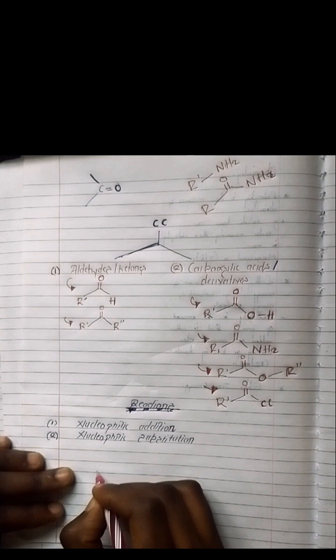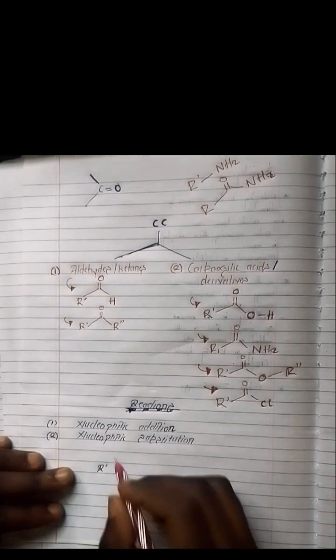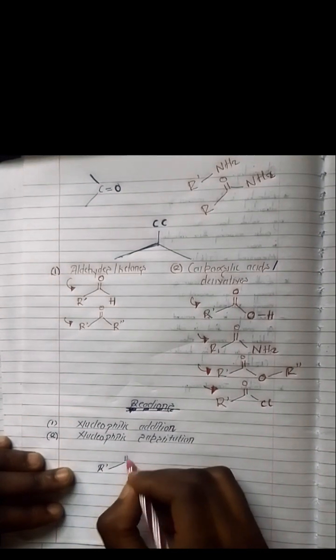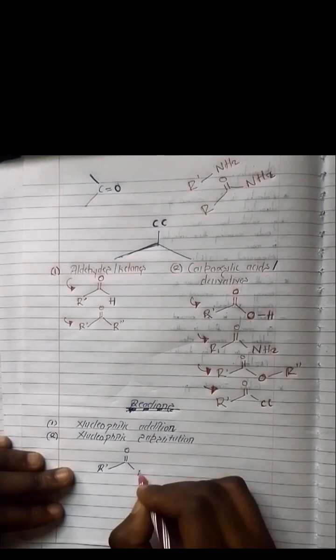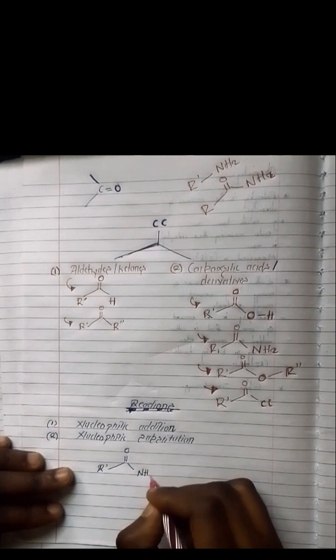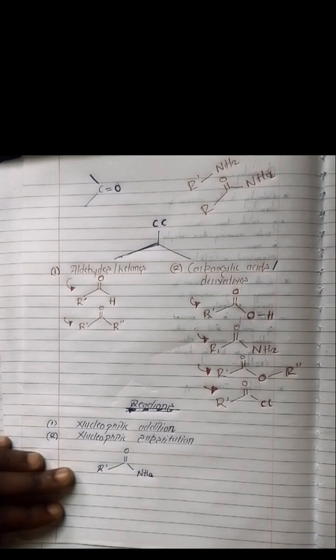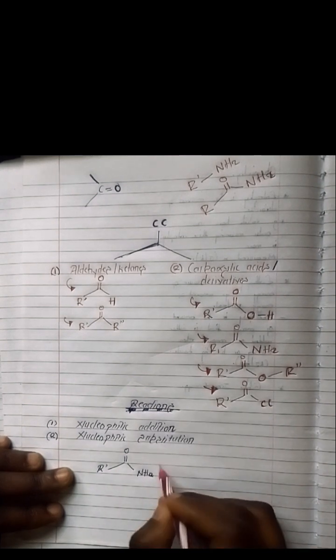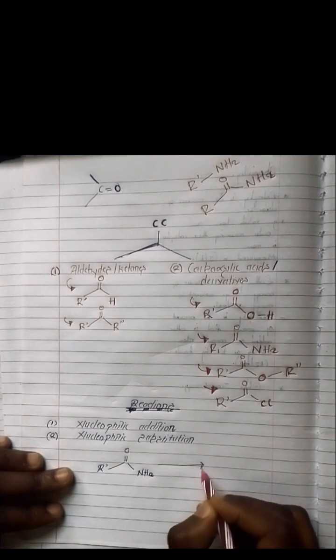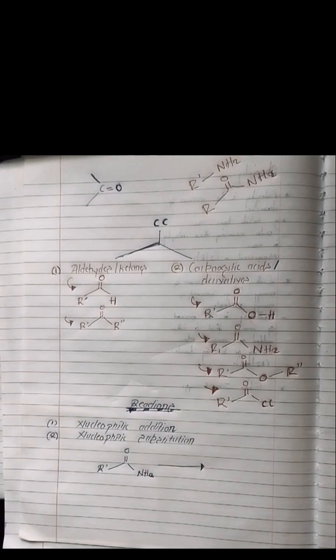So if I choose an amide, I would have some R group connected to the carbonyl like that, and then I would have the amine group, right? So what we're saying is that when reacted with certain reagents, you can have a nucleophilic addition reaction.